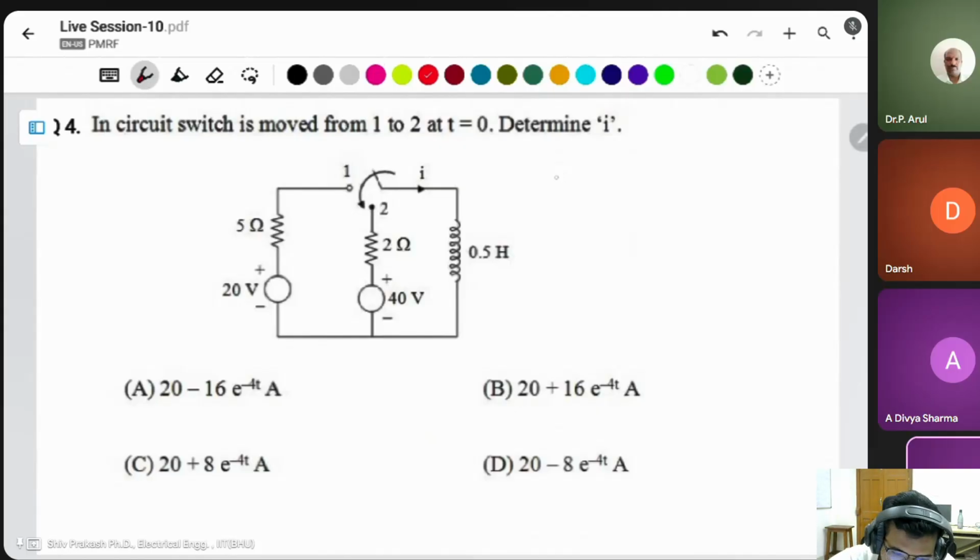What is the initial at t is equal to 0 minus? What is the circuit? Simply a resistor circuit and a voltage source of 20 volt.